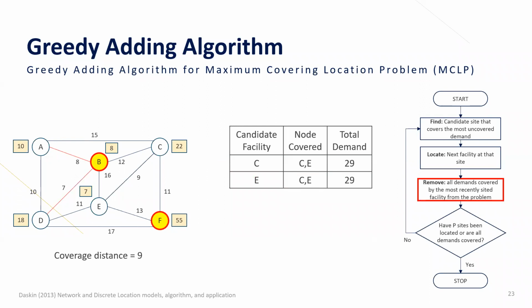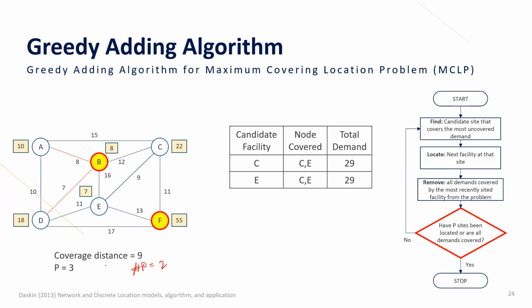Okay, C and E, and then you go to the next iteration. Is it all the demand already covered? So no, C and E is not yet covered. Can I open one more facility? Yeah, if we check, with the number of facility being open now is only 2.